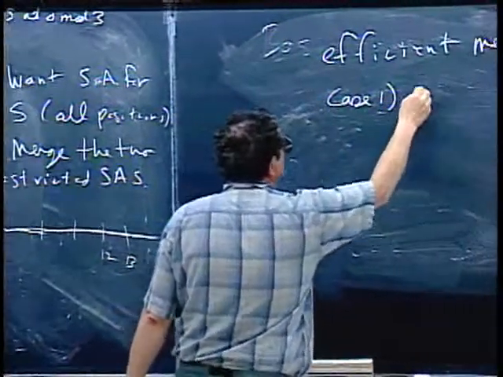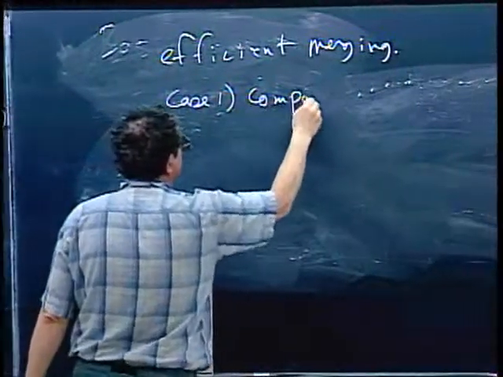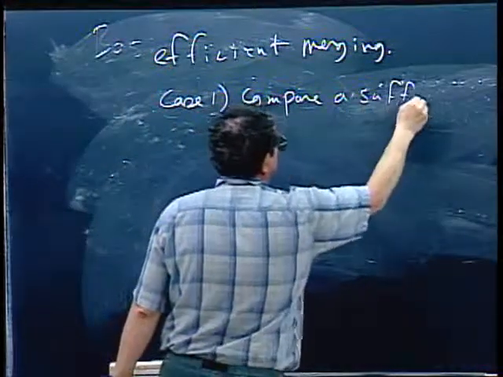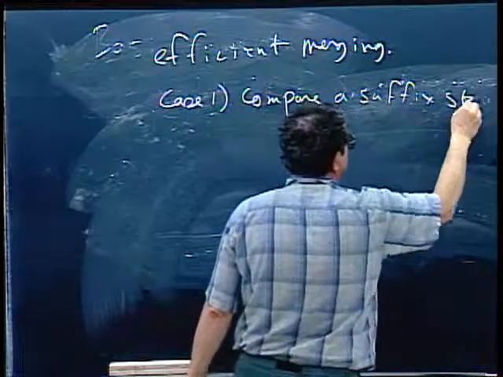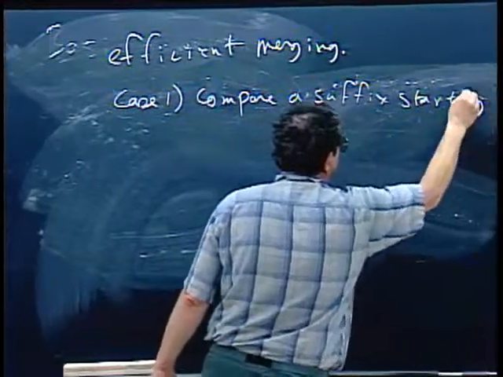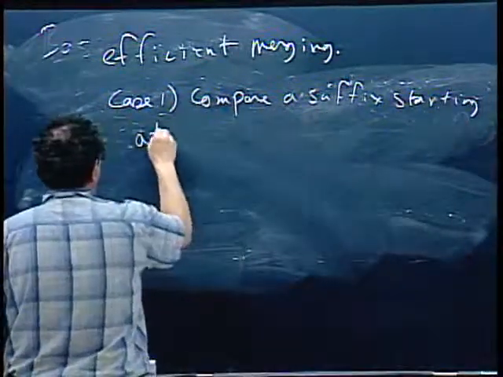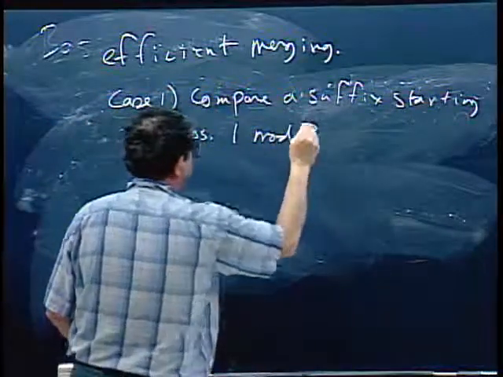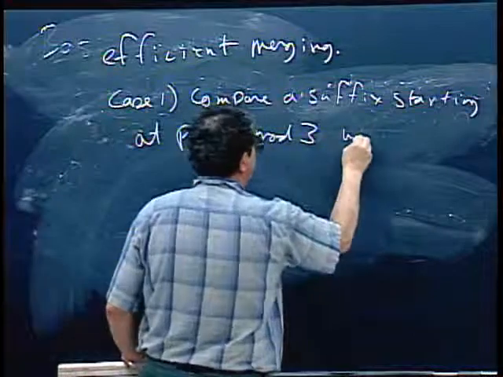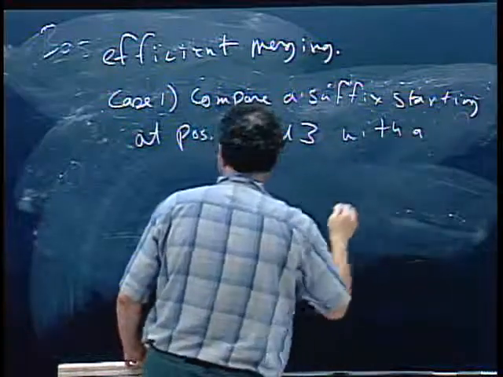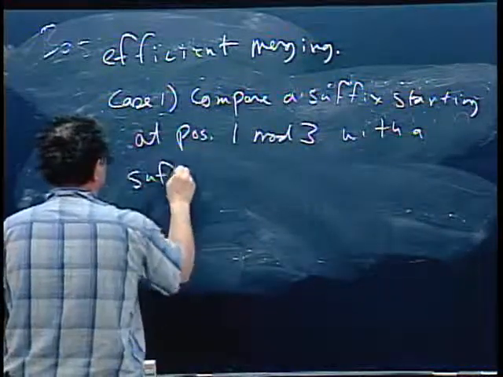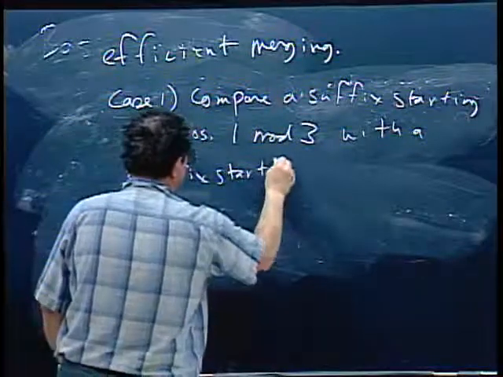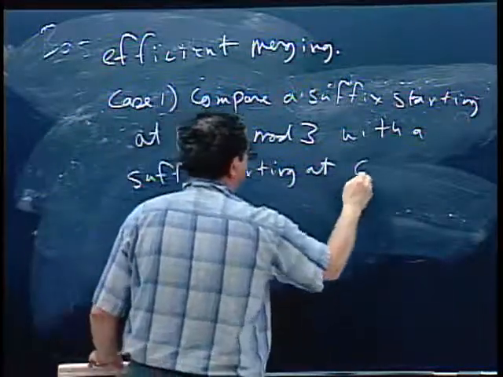Case 1, we compare a suffix starting at position 1 mod 3, okay, with a suffix starting at 0 mod 3.